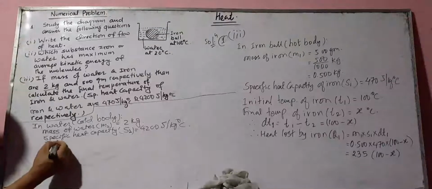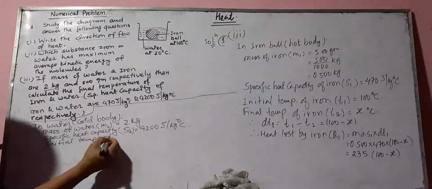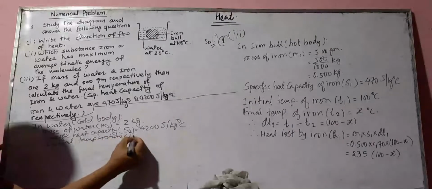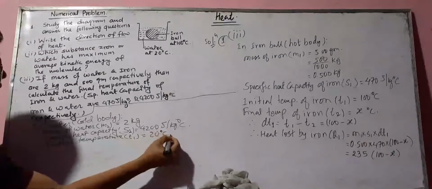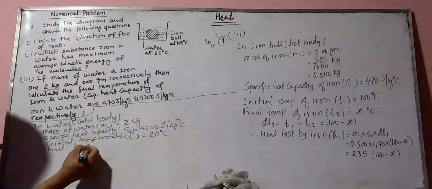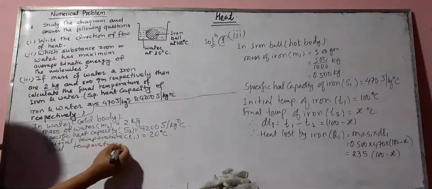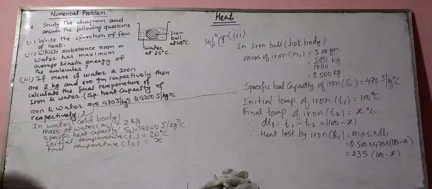The initial temperature T1 is 20 degrees Celsius, and the final temperature T2 is X. Why?